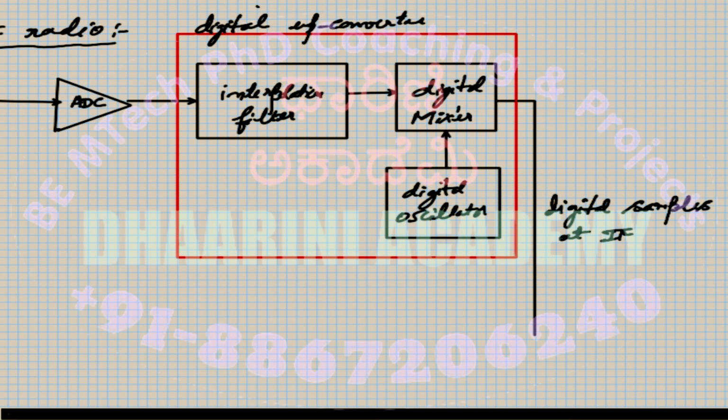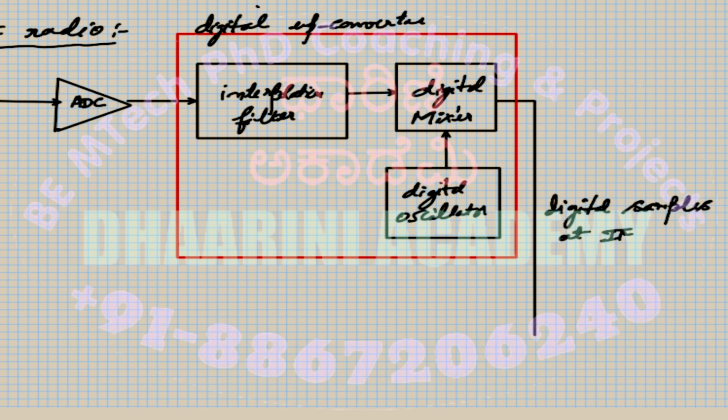When our intention is to perform that, we have to use the up converters over here. Once this is done, now we can use any of the digital modulation techniques, right? So the next component is the digital modulator.